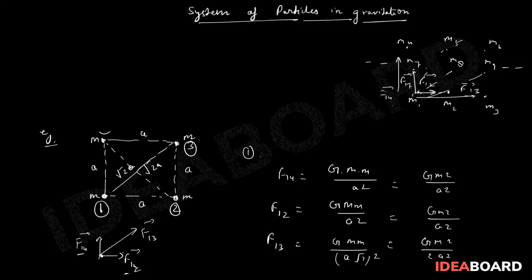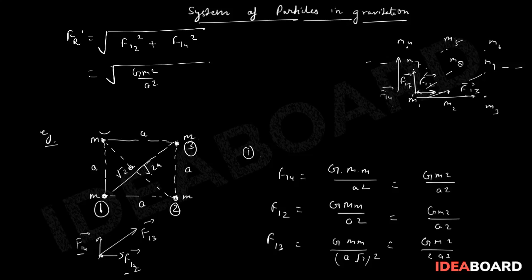How will it be achieved? F resultant dash, I am assuming, will be under root of F12 square plus F14 square. So this is under root of G m square upon a square, whole square, plus G m square upon a square, whole square.